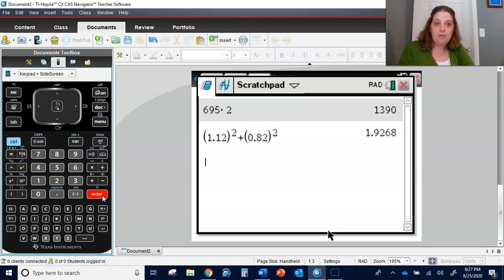Okay, I end up with this number, 1.92, etc. That's my squared value. I'm going to take the square root of that answer now. And looky there, there's that 1.38. Now it's 1.39 because we're doing some rounding here, which has caused some issues.